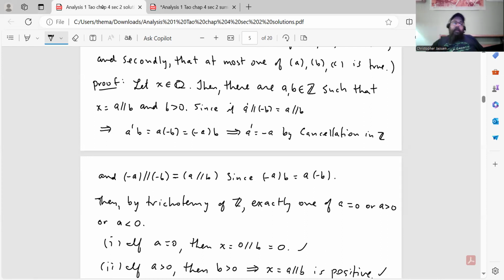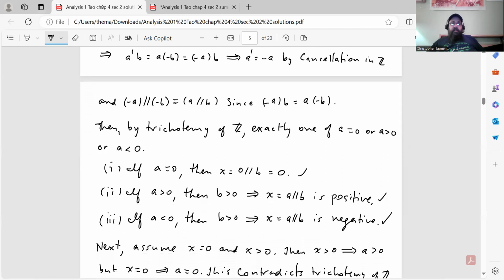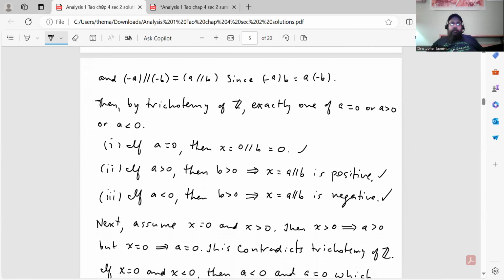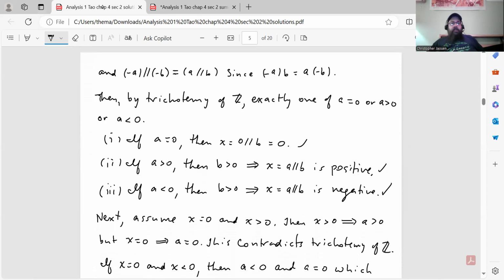Okay, so then by trichotomy of the integers, exactly one of a equals 0, or a greater than 0, or a less than 0 is true.